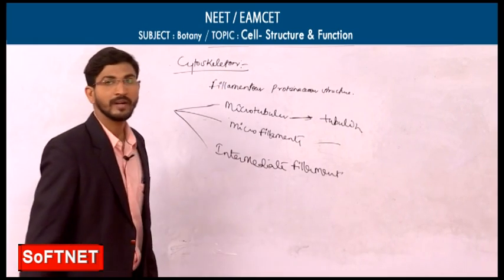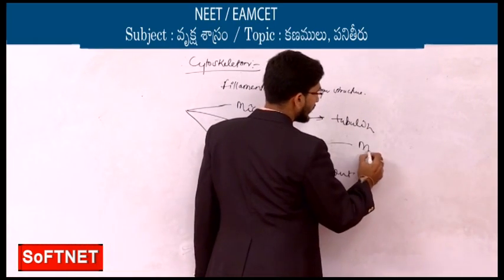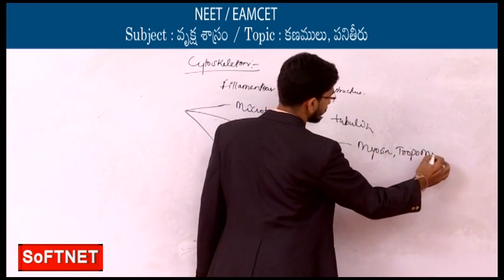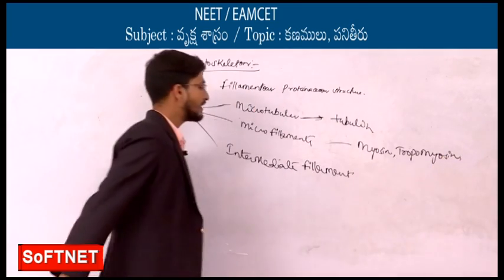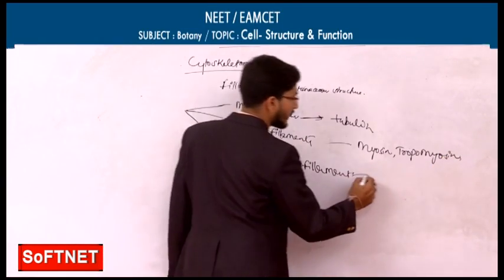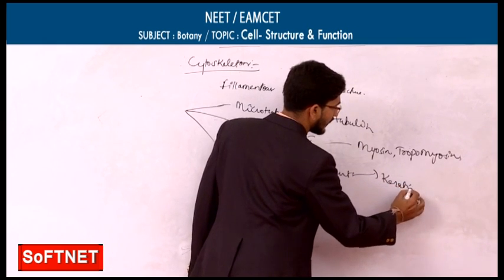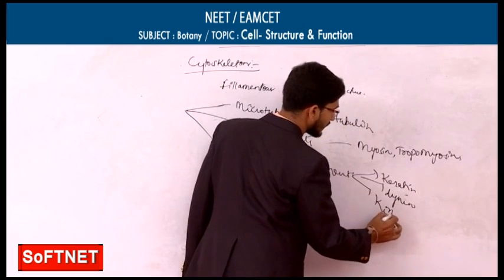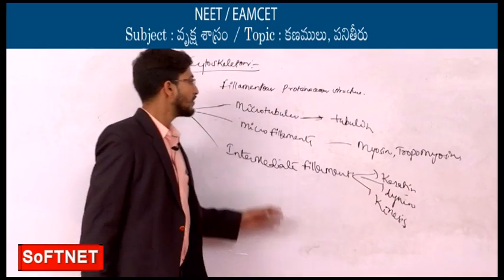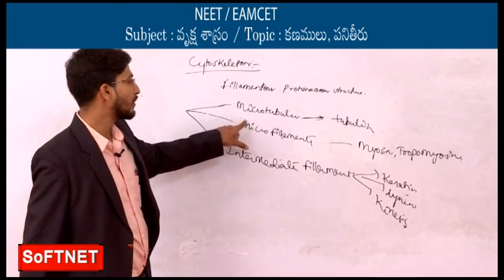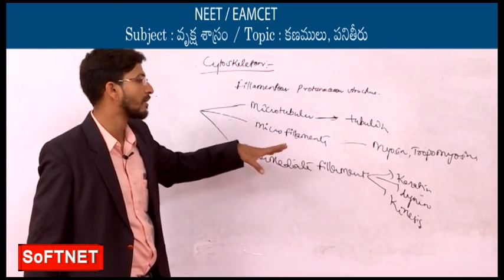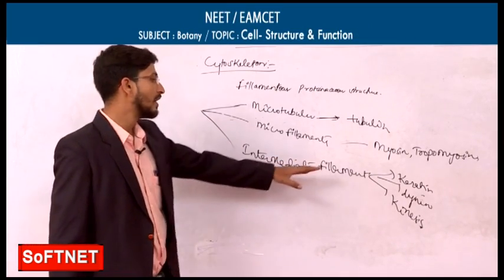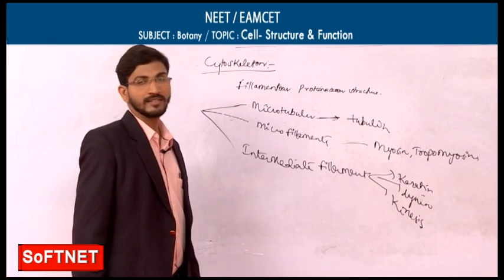Microfilaments are made up of myosin and tropomyosin proteins. Intermediate filaments are made up of keratin, dynein and kinesin. So likewise, microtubules contain tubulin protein, microfilaments are made up of myosin and tropomyosin proteins, and intermediate filaments are made up of generally keratin, dynein and kinesin proteins.